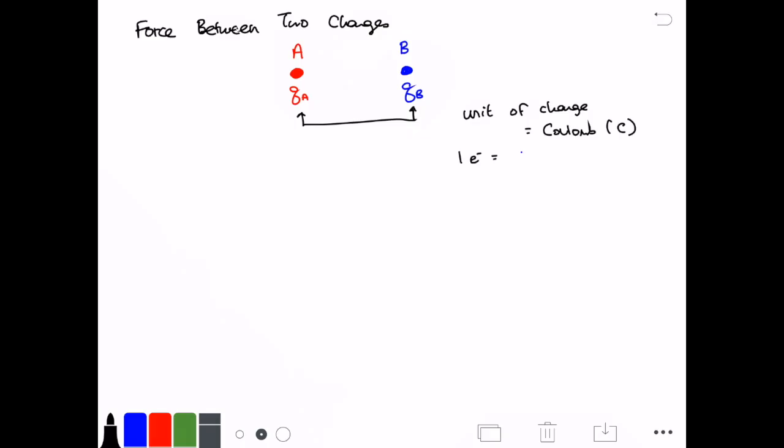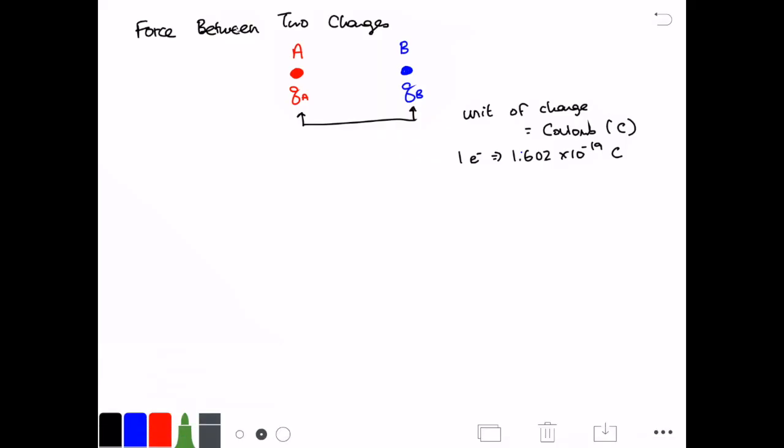One electron has a charge of 1.602 times 10 to the minus 19 coulombs, which is a very, very small amount of charge. So you need 6 point something billion billion electrons to make up 1 coulomb of charge, although that amount of charge quite often exists.